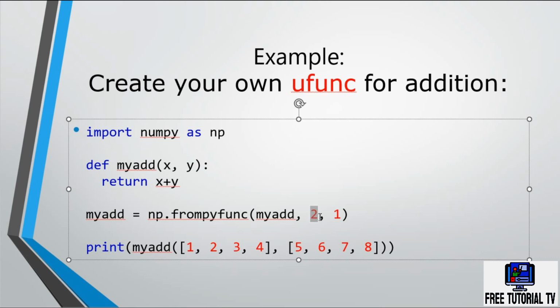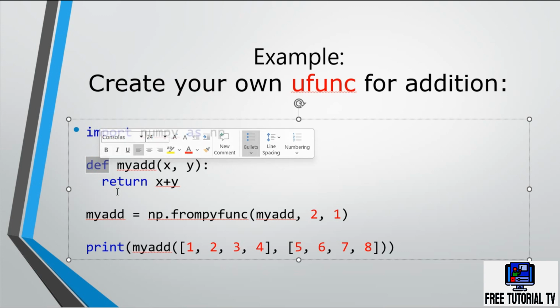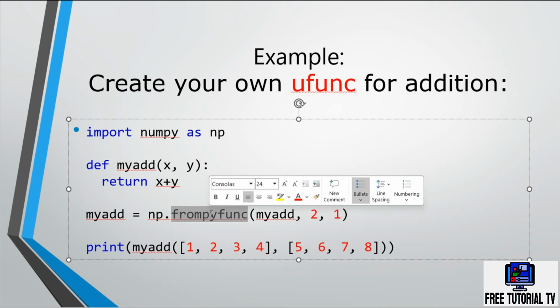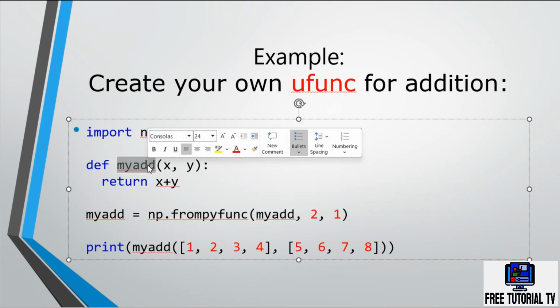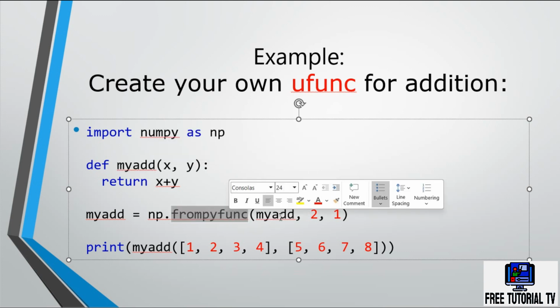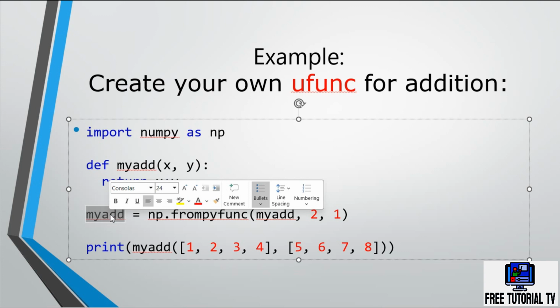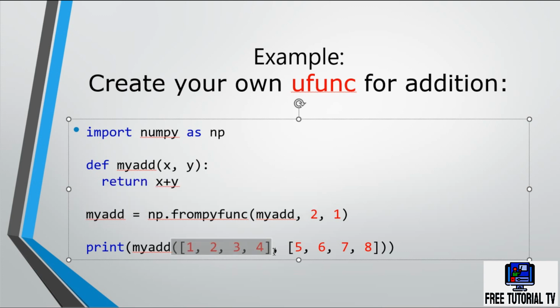You can define a separate function, and you can call this function using frompyfunc, passing myadd as the function parameter, with the values 2 and 1. In myadd you can supply your variables array 1 and array 2, and that's how you will be able to get the result.